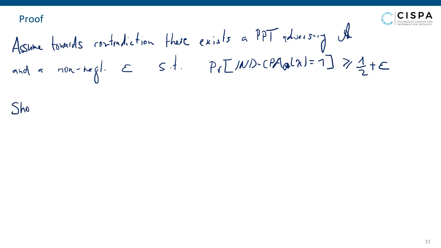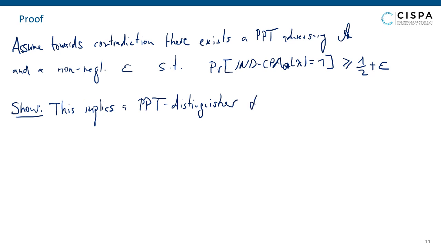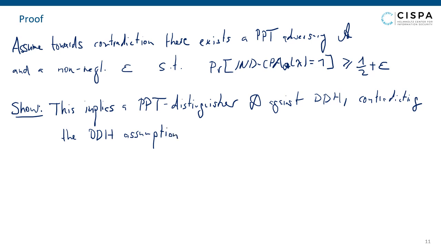So what we will show is this implies a PPT distinguisher D against DDH, contradicting the DDH assumption.